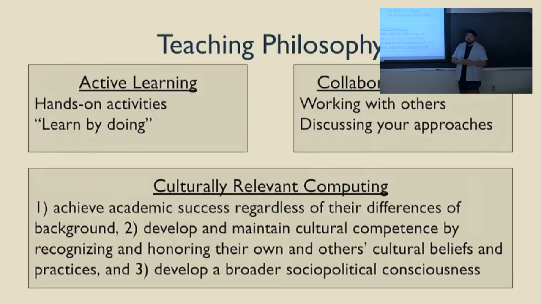Research shows that around 40 minutes, students get disengaged because there's not really much to do other than just listen to someone talk. So what we want to do in active learning is hands-on activities, learn by doing, and actually have you all programming in the classroom, answering questions in the classroom, and engaging with one another, things like that.